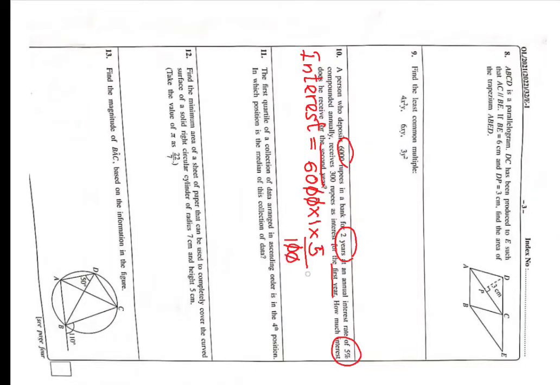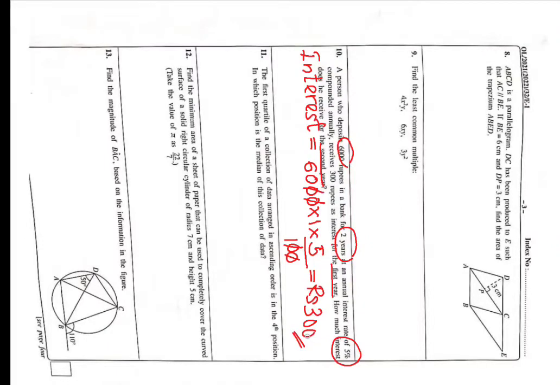Cancel 2 zeros. Then we have 5 into 60, 300. 300 is already given, so no need to calculate that.